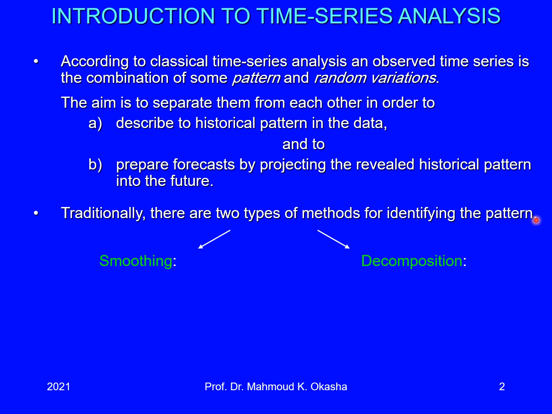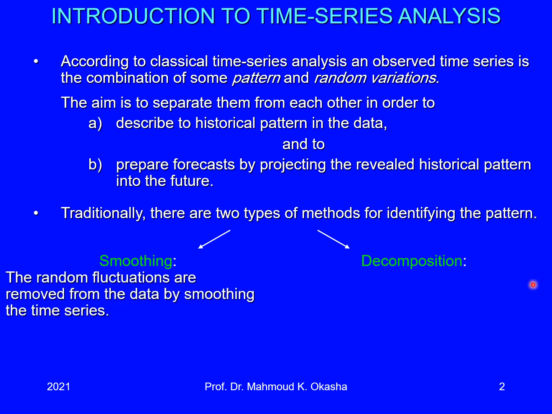In smoothing, the random fluctuations are removed. We remove the random fluctuation and keep only the systematic part, the systematic pattern.